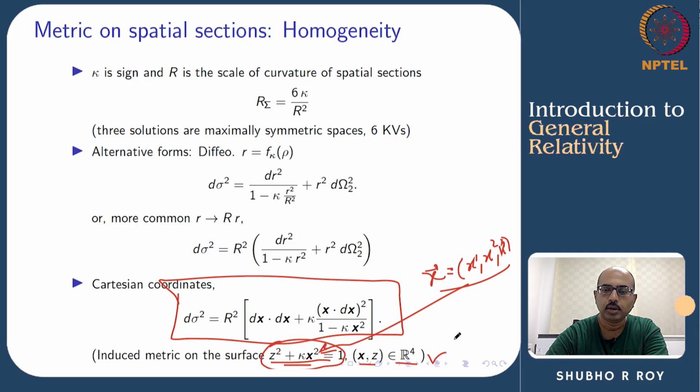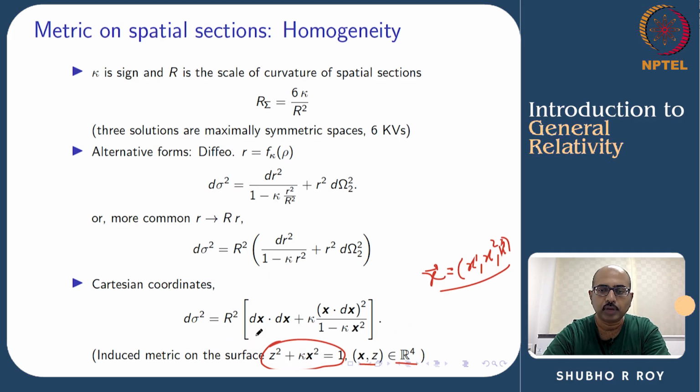So maybe you have to choose one of the solutions, z equals +1 or -1. Regardless, for either of them, you're going to get the Euclidean metric as the induced metric or pullback metric on these hypersurfaces.